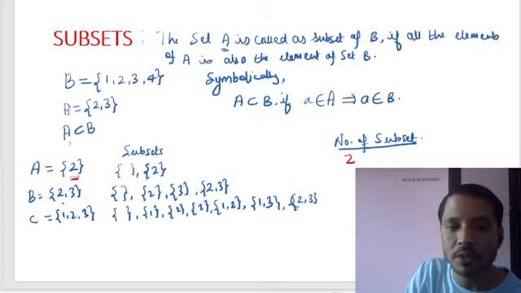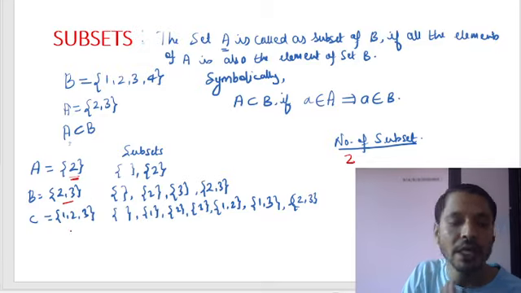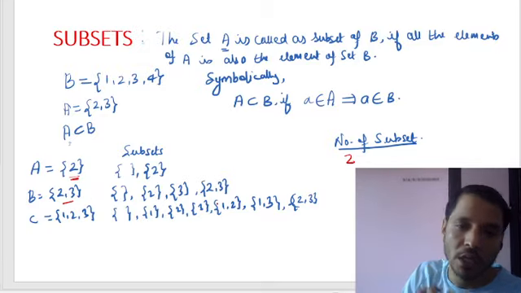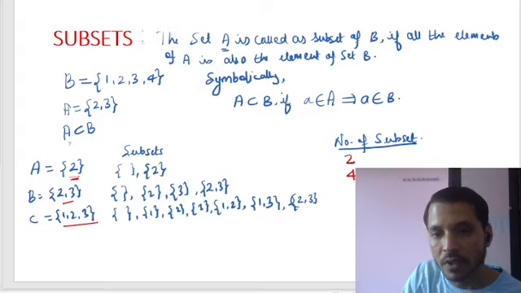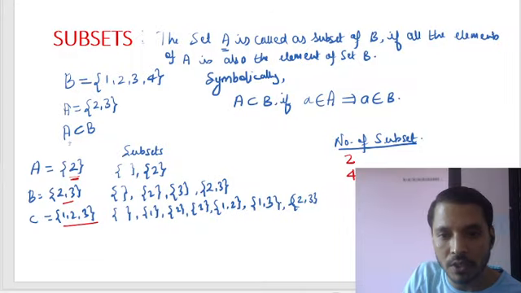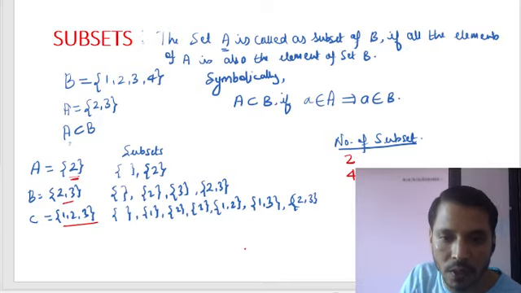When the number of elements in set B is equal to 2, we are getting 1, 2, 3, 4, four subsets. When the number of elements is 3, we are getting 1, 2, 3, 4, 5, 6, 7, and then we have missed one subset.